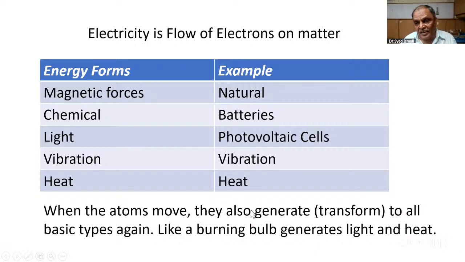Heat also will generate electricity, it will try to move the electrons. I said atoms, but electrons is the correct word, I'm sorry. When electrons move, okay, I move them through magnetism, but the movement also creates heat, light and so on, and chemical reactions. So this energy of moving one electron can create a lot of other forms of energy.